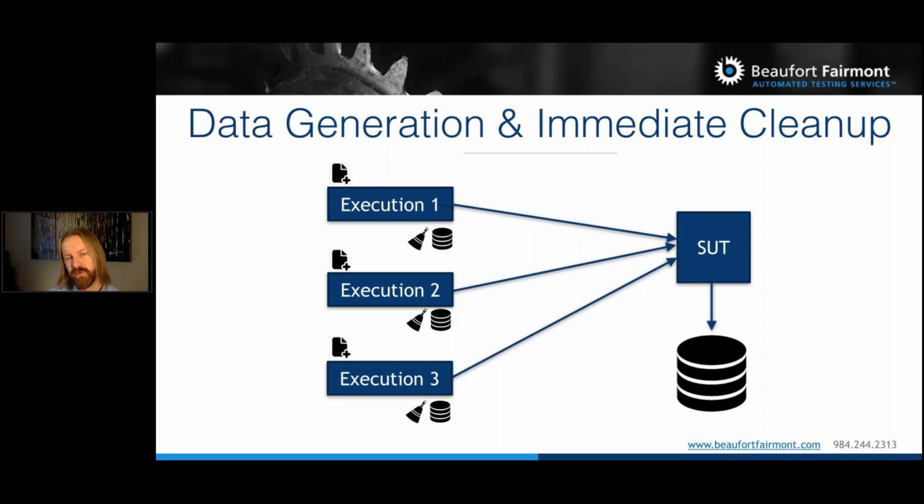When we started out, of course, the first thing you think about is let's clean up the data we knowingly created. And that was easy. You can keep that in a list or outside of your test cases or wherever you think it should be, and we're going to talk more about that in just a minute. But we needed to know what to clean up, and we needed a good way to clean it up.